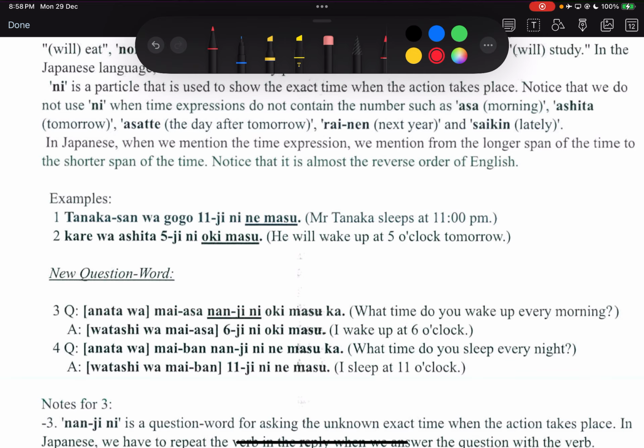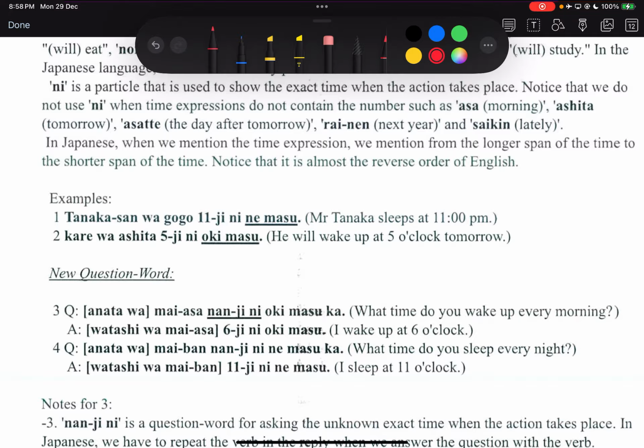Okay, number 2. 彼は明日5時に起きます。起きます is to wake up, right? So literally, he is tomorrow 5 o'clock at wake up. Oh, sorry, he will wake up at 5 o'clock tomorrow.